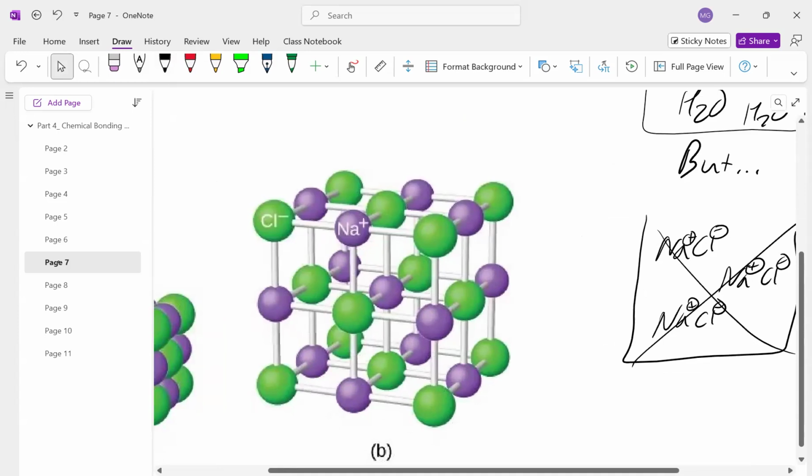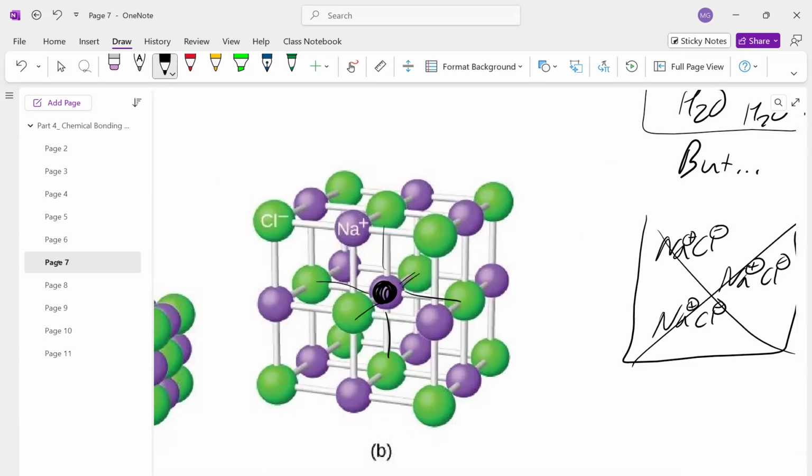The purple dots there represent sodium cations. The green dots represent chloride anions. And if you look right here in the middle at that sodium atom, notice it's bonded to a whole bunch of other chlorine atoms, or I should say chloride ions.